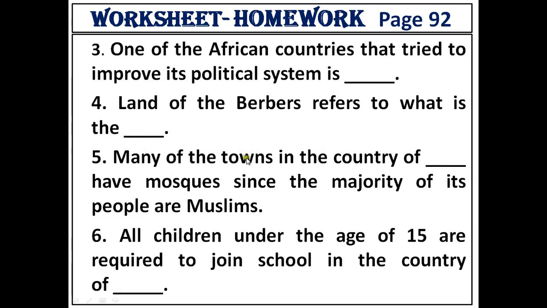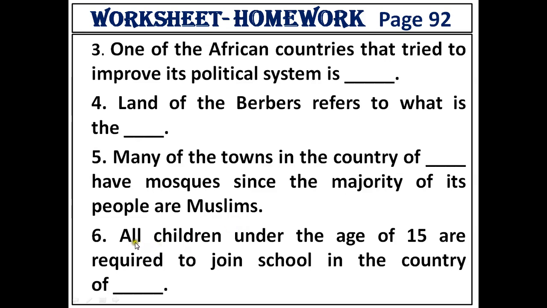The fifth question is: many of the towns in the country of dash have mosques since the majority of its people are Muslims. The country name that you have to write here.